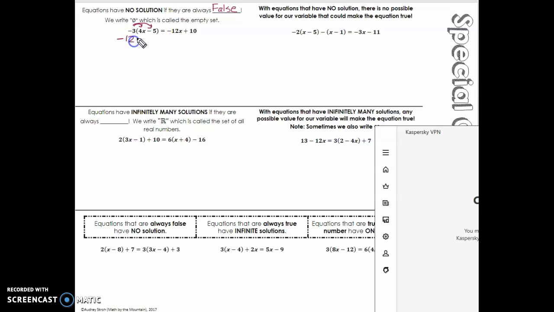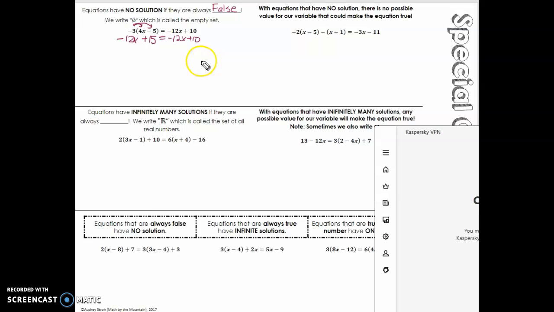So I get negative 12x plus 15. That is a positive 15 because I have a negative times a negative. I can also view that as the opposite of negative 5, which is positive. My equal sign comes down, and my negative 12x plus 10 comes down because I didn't operate on that.